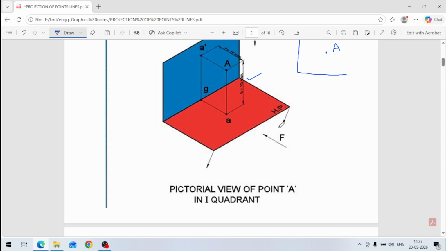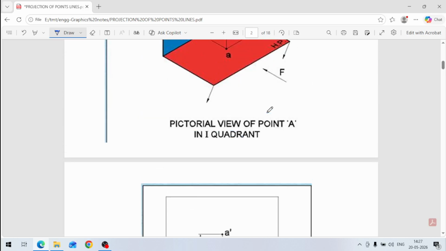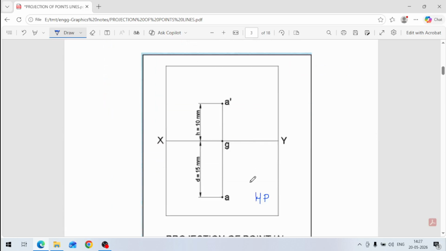This is our horizontal plane, on the bottom side of this line, our XY. And this is our vertical plane.